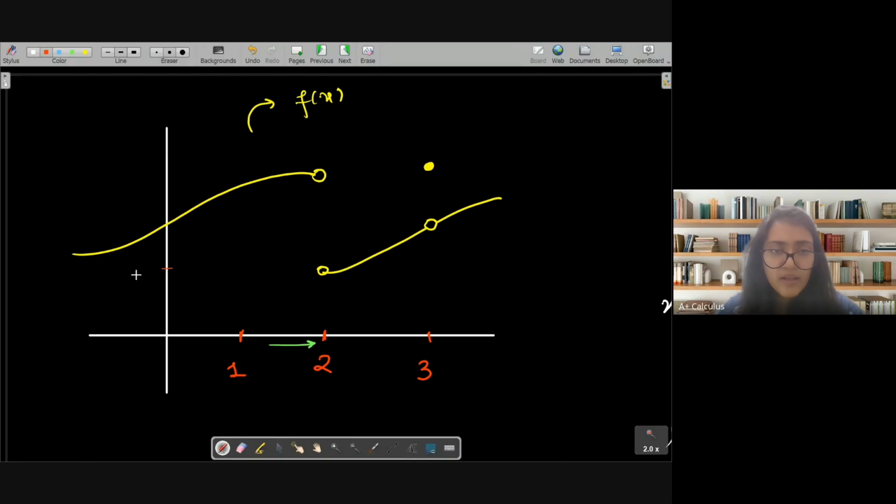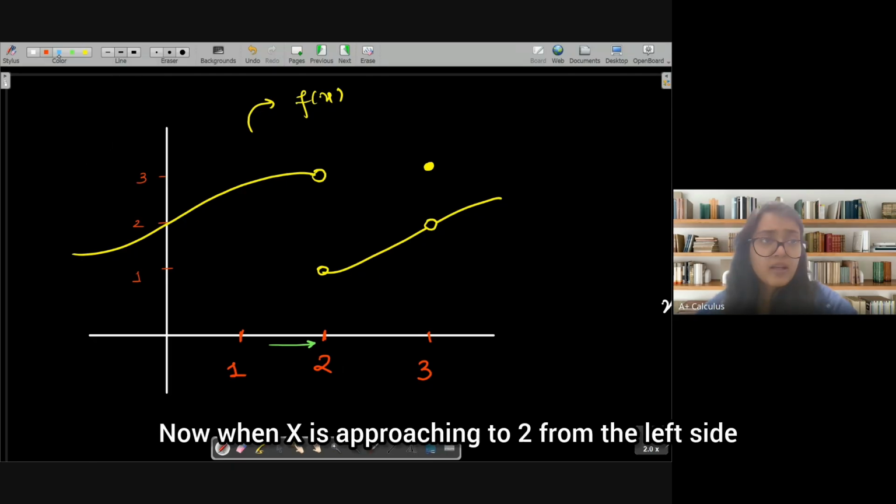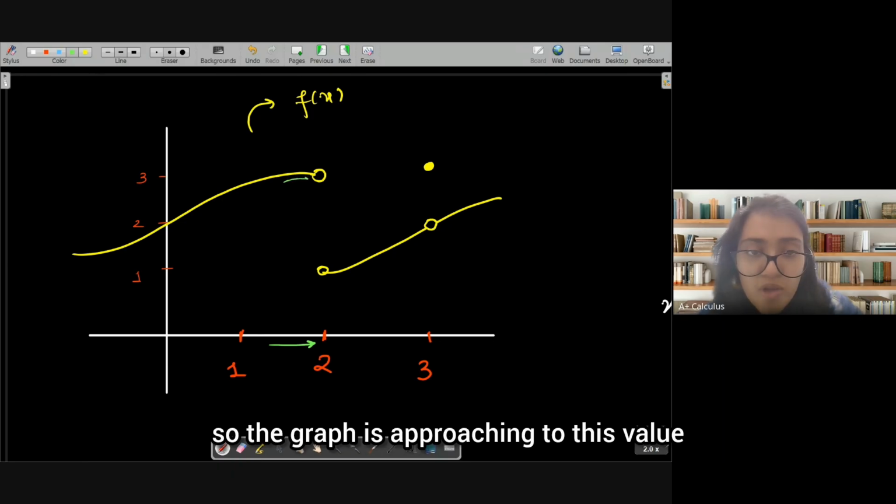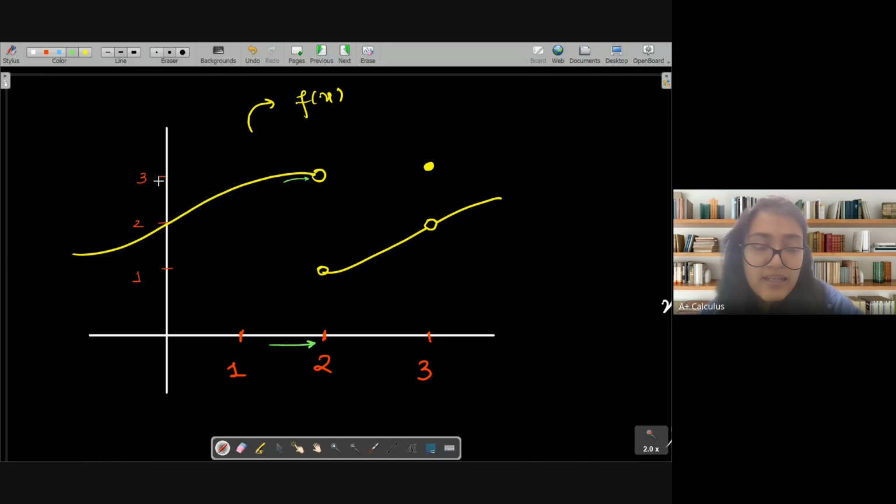Okay, let's see. When x is approaching 2 from the left side, let's just say that this point is 1, this point is 2, and at this point we have 3. Now, when x is approaching 2 from the left side, the graph of f of x is here. So the graph is approaching this value, which is 3.